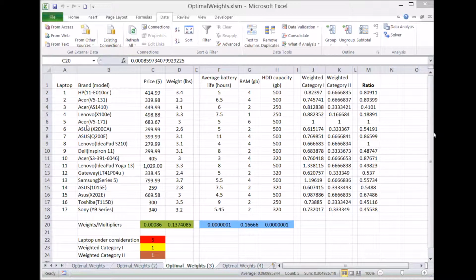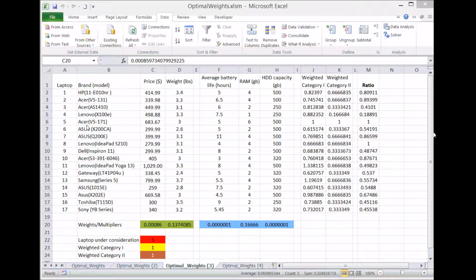Another way is we can incorporate some kind of user preference over these performance metrics. Now remember, the basic assumption in this model is that we will let each laptop pick the weights on their performance metrics.